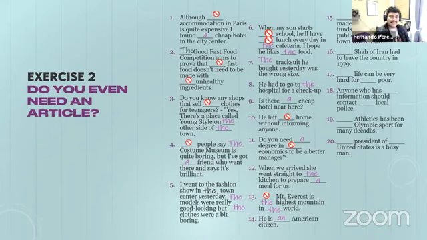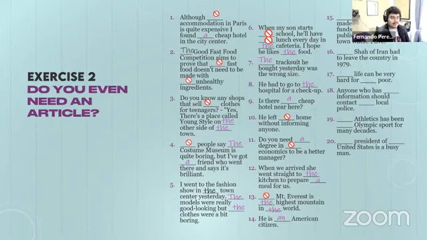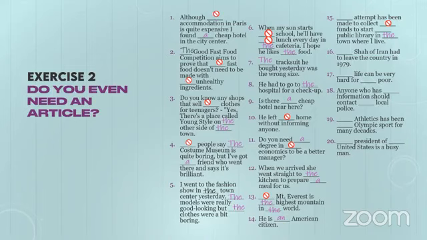What is the indefinite article? An. Exactly. That's correct. An attempt.